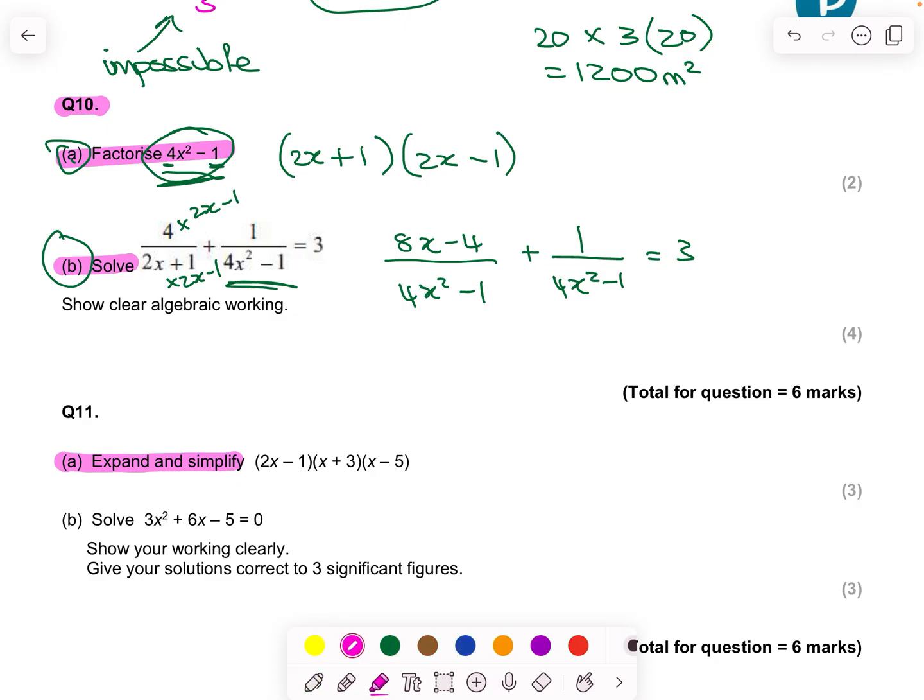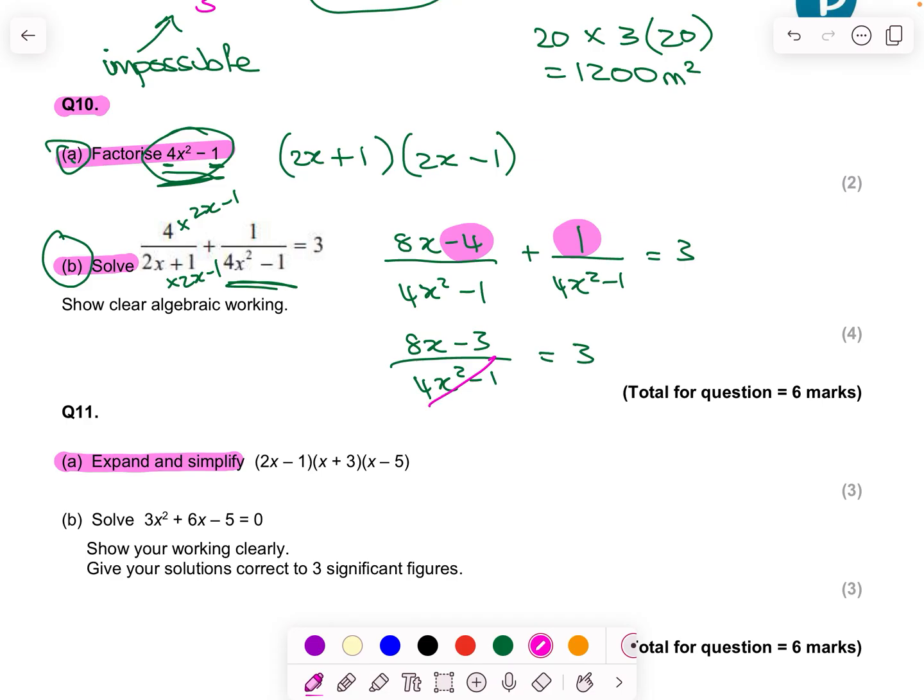So I'm going to do minus 4 plus 1, and that gives me minus 3. So I get 8x minus 3 all over 4x squared minus 1 equals 3. Multiply both sides by 4x squared minus 1, so I get rid of it there.